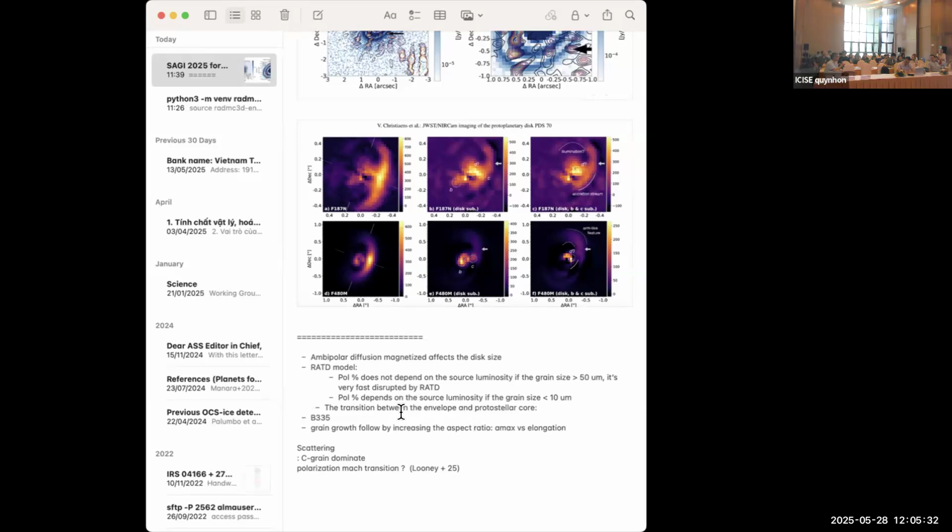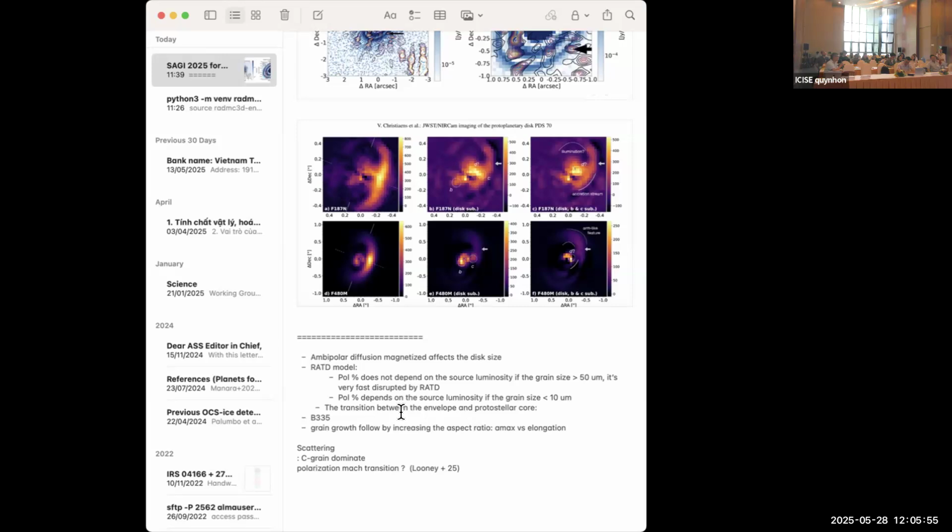But the polarization by magnetic alignment or mechanical alignment can be as high as 20%. Because with self-scattering, photons must be scattered several times, so the polarization is diluted. But in the case of magnetic alignment, the emission is very highly polarized. So that is the first signature.